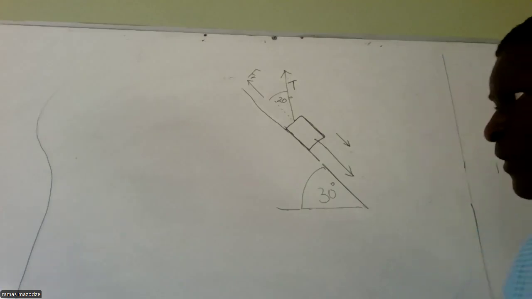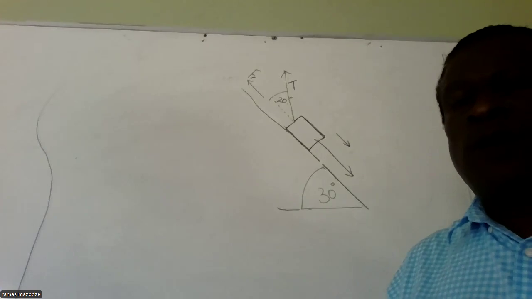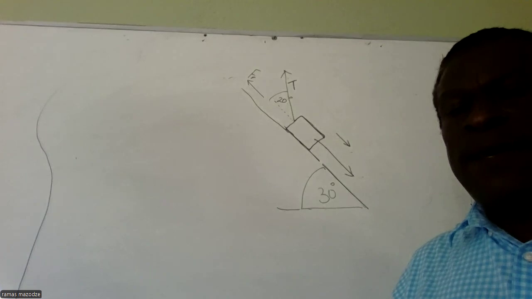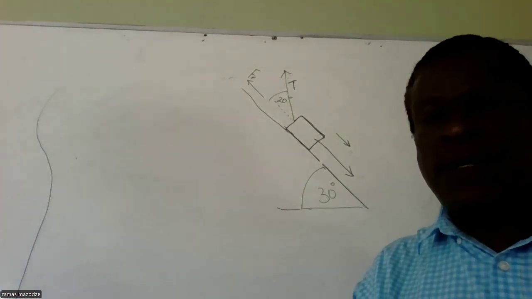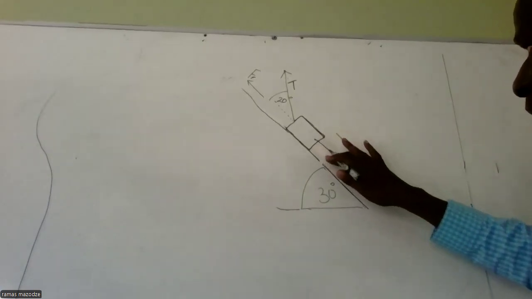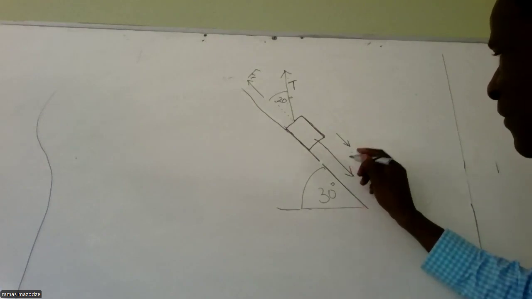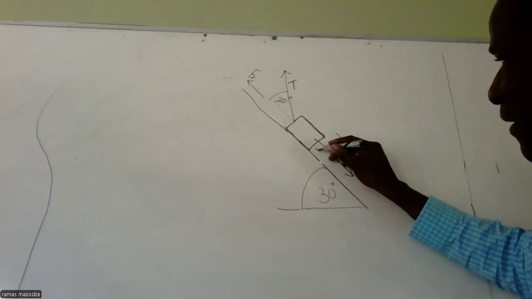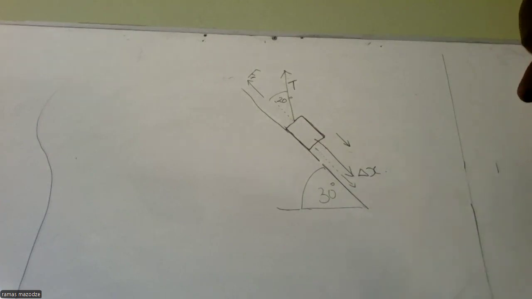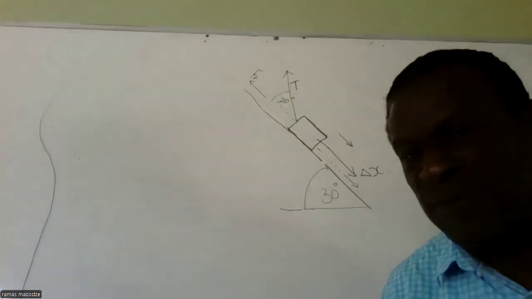Let's start with calculating the work done by gravity. We also need the displacement, let's say it is delta x. It moves downwards, and we are just going to call it distance, because no work is done if the object remains stationary, remember?